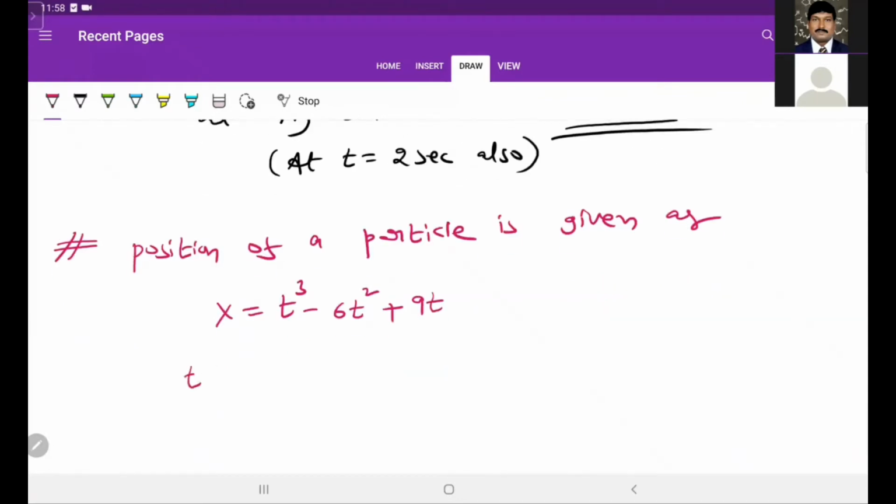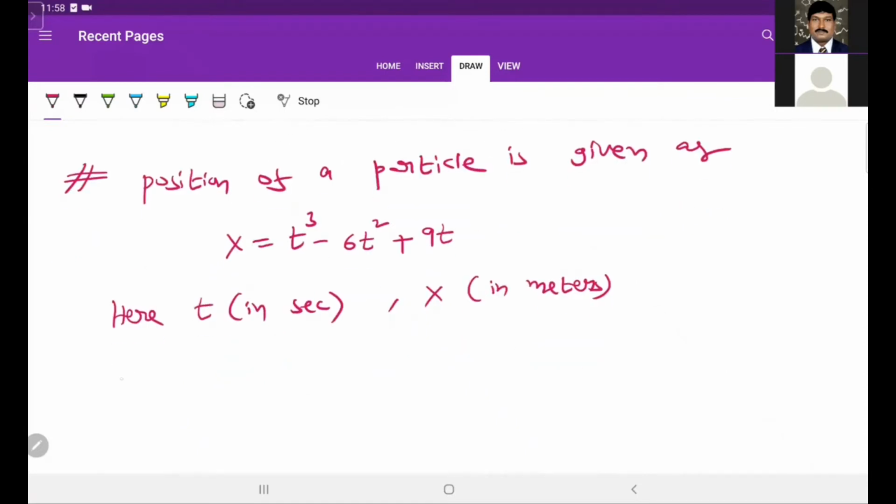Here time is in second and x in meters. So he's asking find velocity and acceleration.